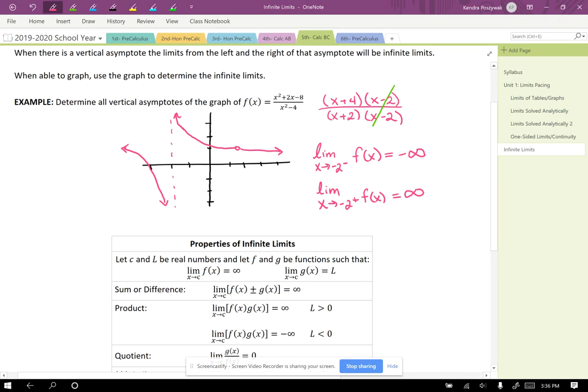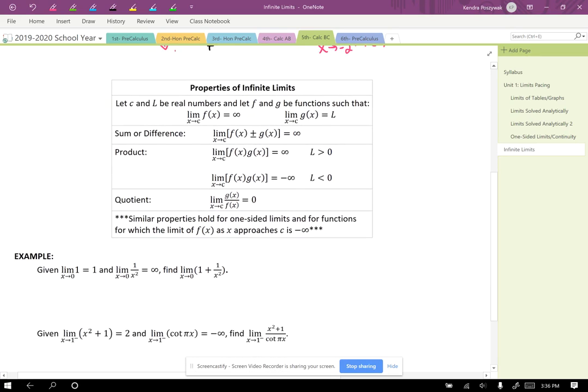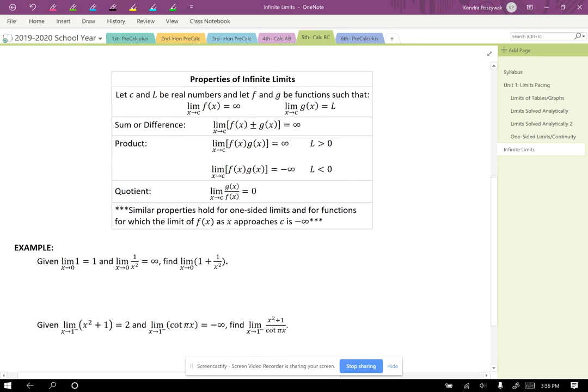So it is possible for our limits to be infinite, but what does that mean for any manipulation? We've got some different properties of infinite limits. We're going to assume that c and l are real numbers and f and g are functions such that the limit as x approaches c of f of x is positive infinity, and the limit as x approaches c of g of x equals l.